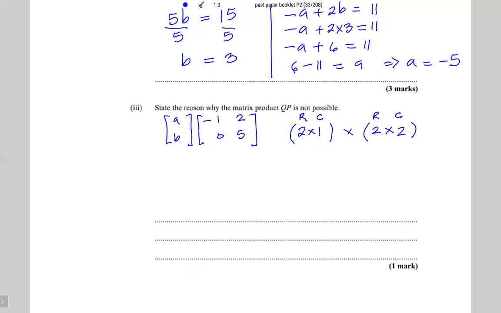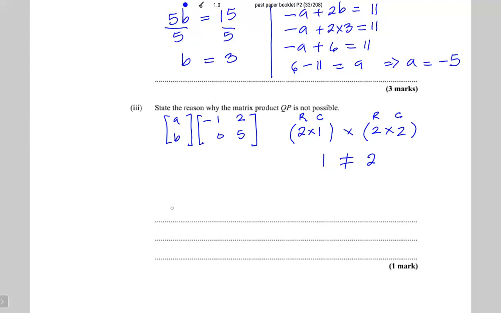Now, two matrices are compatible for multiplication when the number of columns in the first matrix is equal to the number of rows in the second matrix. So now, the number of columns in the first matrix is 1, which is not equal to the number of rows in the second matrix, which is 2.